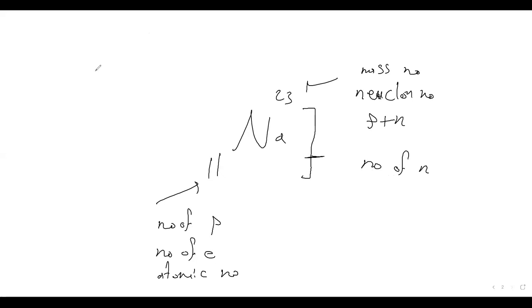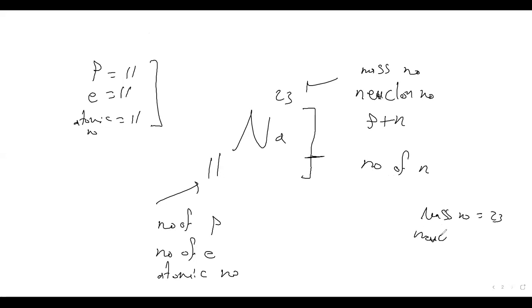So this means that protons equal 11, electrons equal 11, atomic number equals 11, mass number 23, nuclear number 23, the sum of protons and neutrons 23.